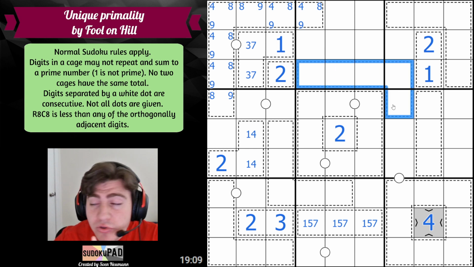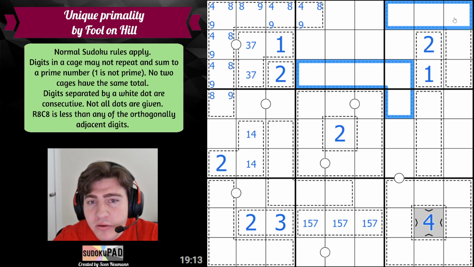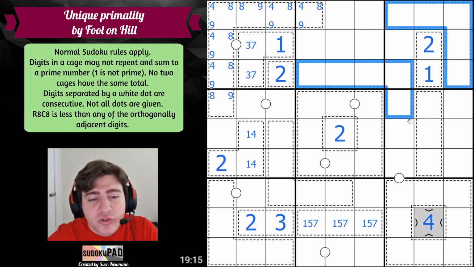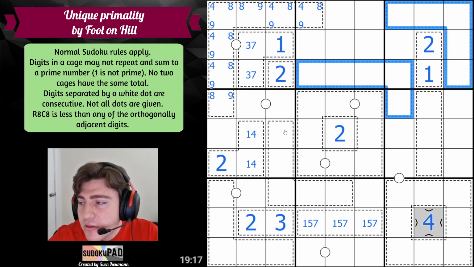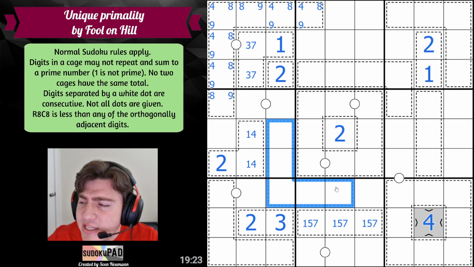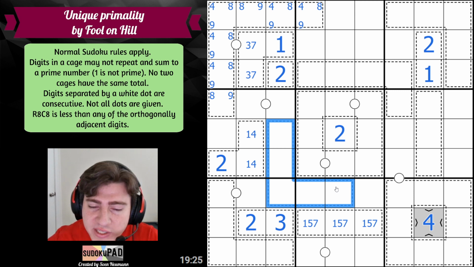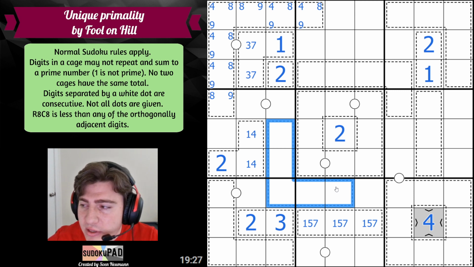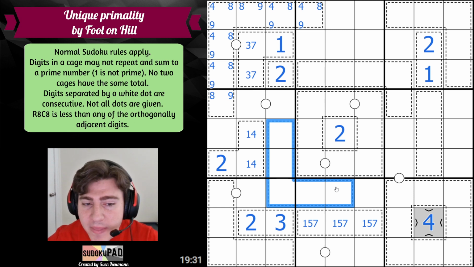So, like I said, 29 and 30 and 37, or 31, definitely have to be a 5-cell cage. But, oh well, maybe this is what we need to think about. How do we make 17 in a 5-cell cage? So 17 in a 3-cell cage isn't too limiting, but 17 in a 5-cell cage is almost exactly the minimum.